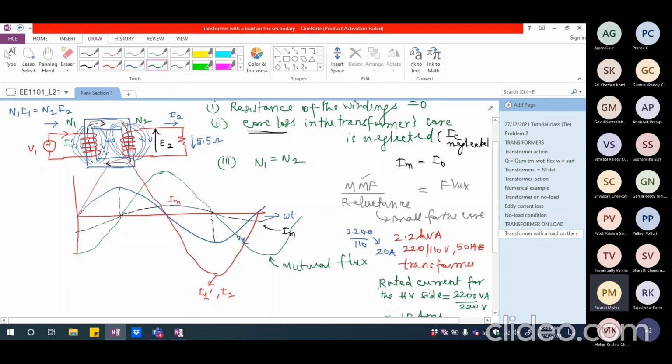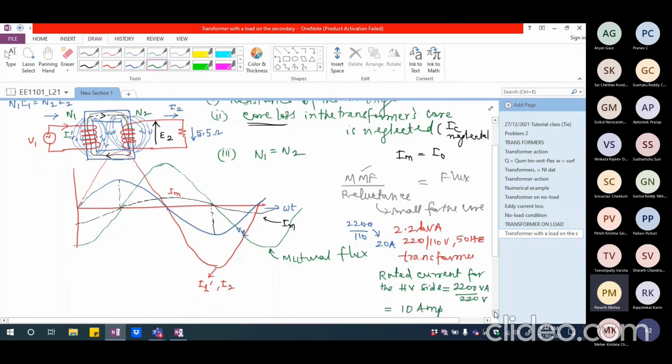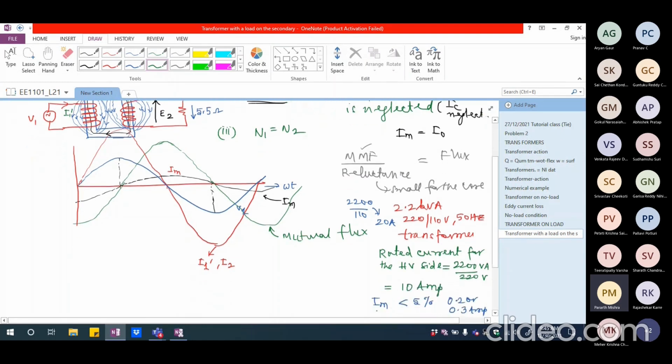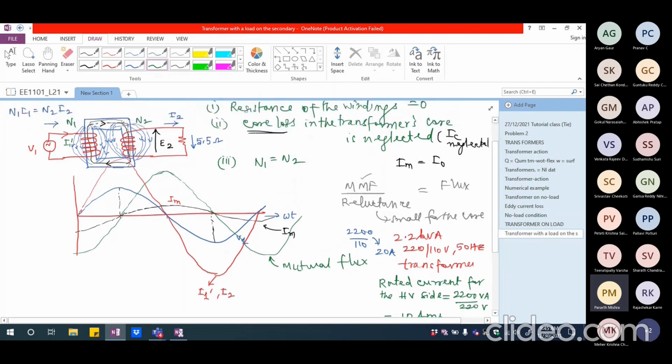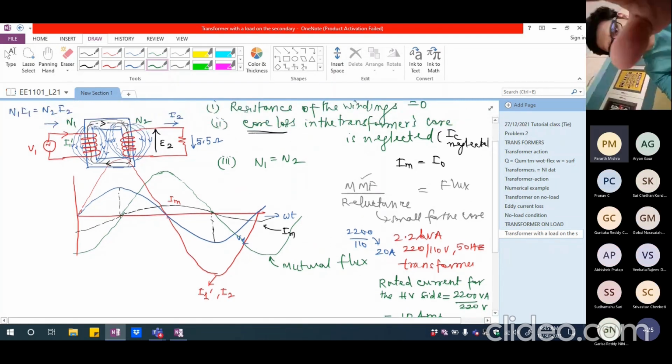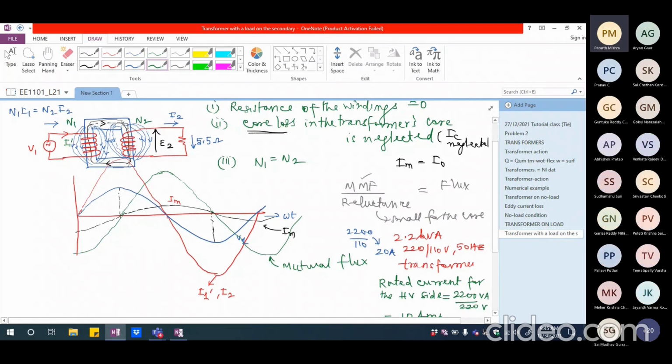The current may be only about 20-25 times, because I told you that magnetizing current is 5% or less than 5%, whereas you are going to have the rated current almost 100%. So compared to 5% or 4%, the 100% component is 25 times. Whereas if I compare the reluctance, the air gap reluctance is going to be more than 1000 times that of the reluctance offered by the core.